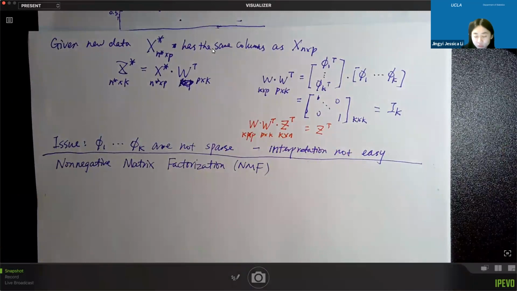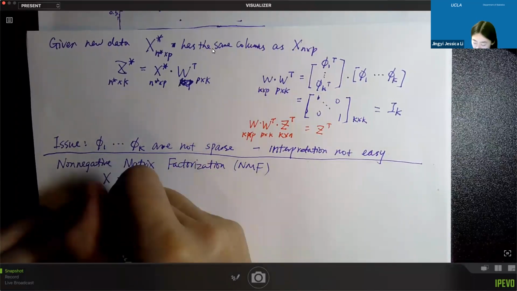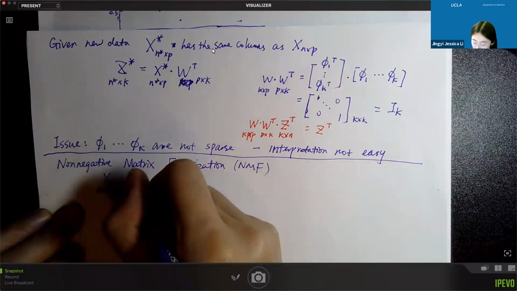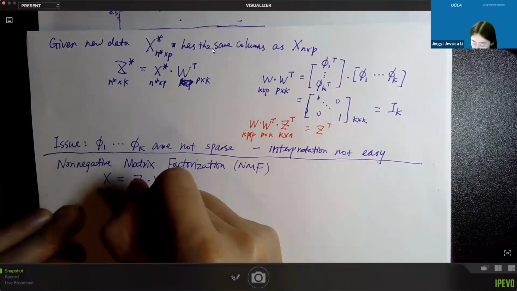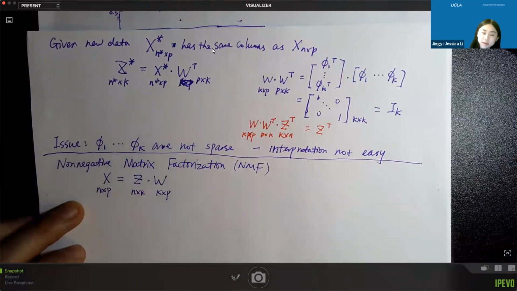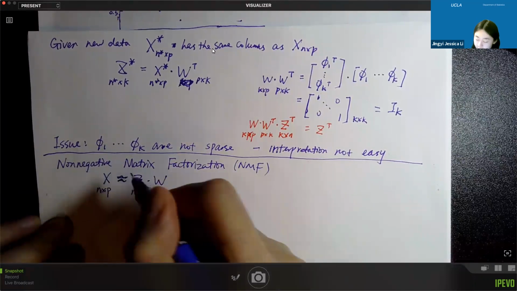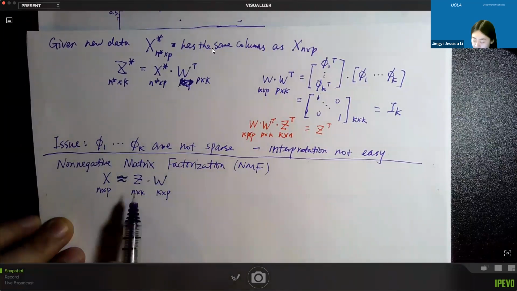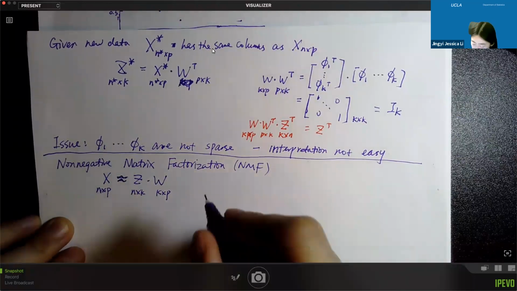So what it aims to do is still find the same decomposition into a lower dimension. So we still have M by P. We want to find Z times W, which is M by K and K by P. But what we require is that, for this to be approximate, both Z and W must be non-negative in every entry.